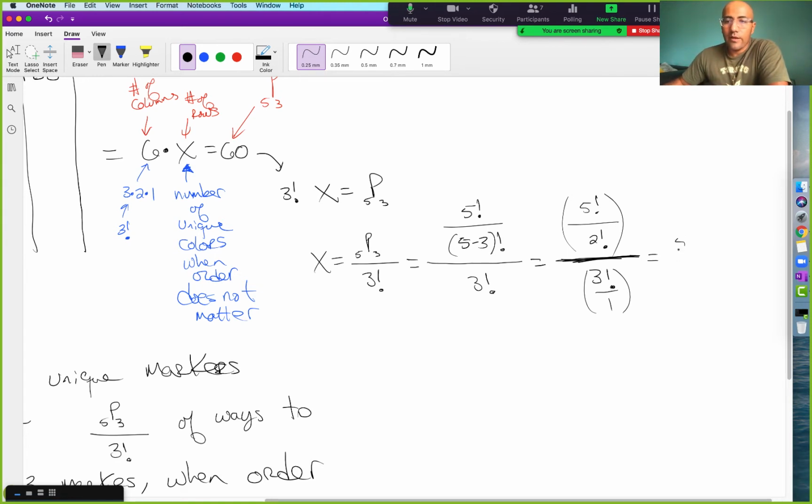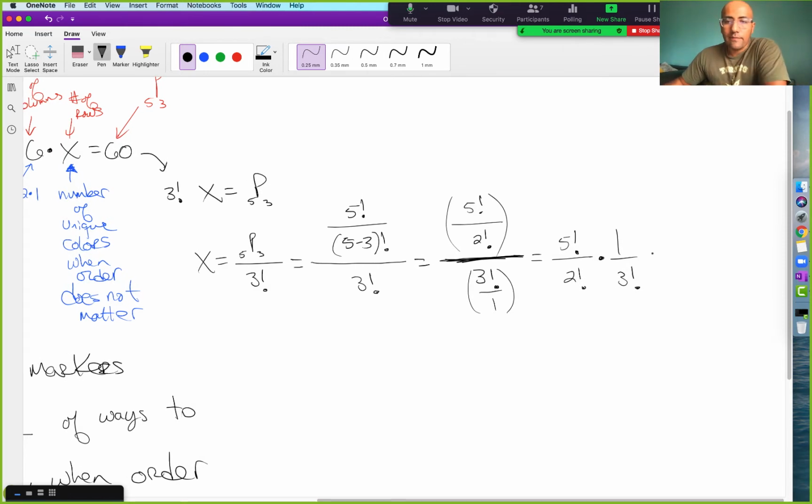So we'll end up with 5 factorial over 2 factorial times 1 over 3 factorial. Good. Okay, so this simplifies into 5 factorial over the product of these two, and we can leave it as 3 factorial, 2 factorial.